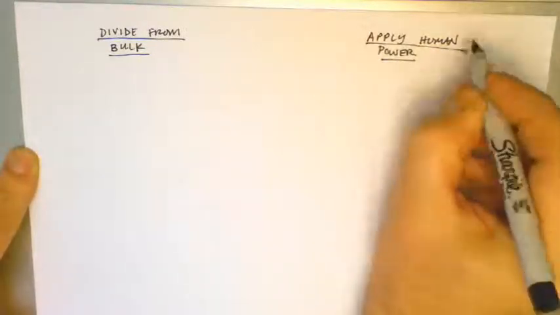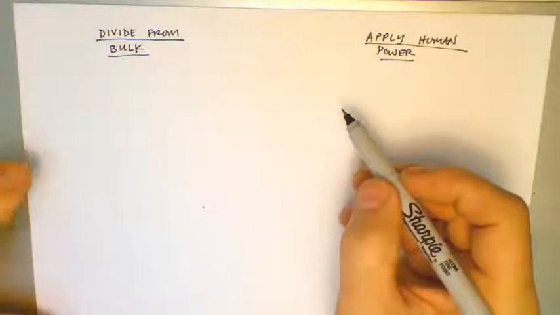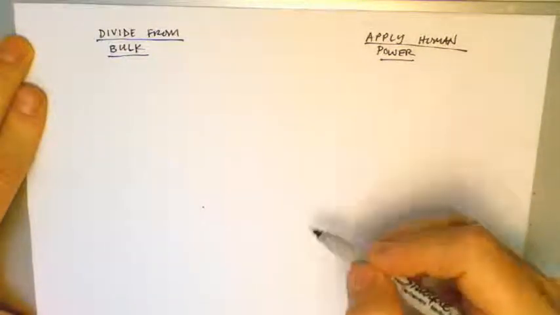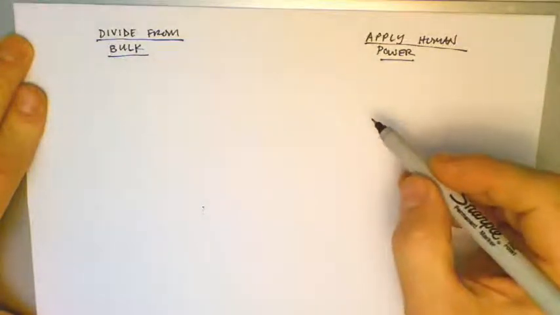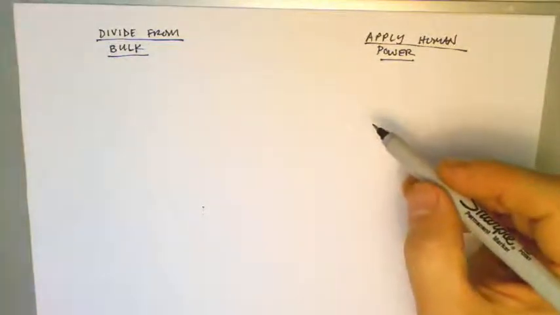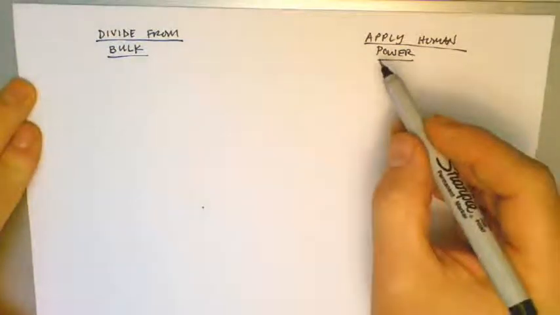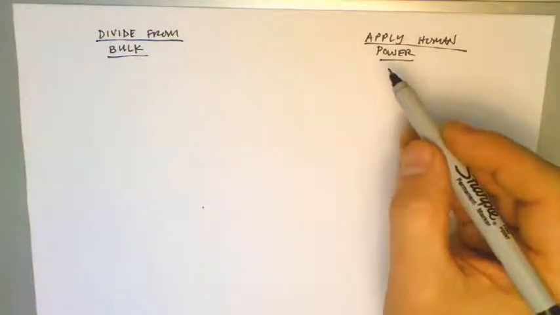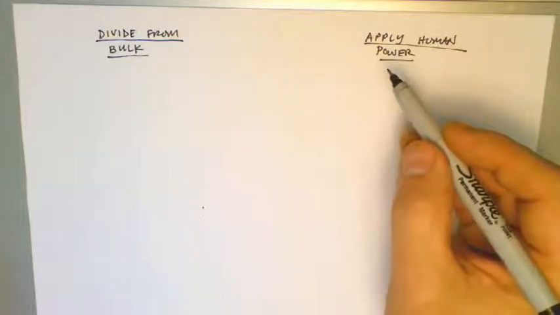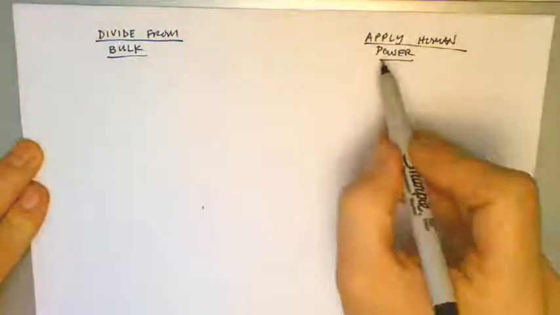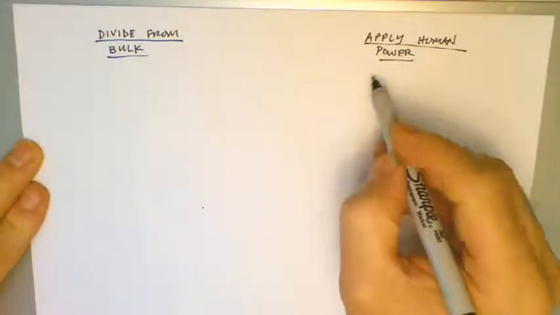And remember, the key idea in decomposition is we're going to focus single-mindedly on that subproblem and not necessarily in the context of the overall design problem we're trying to solve. So for instance, let me just give some examples for how we might use that decomposition by focusing on applying human power.